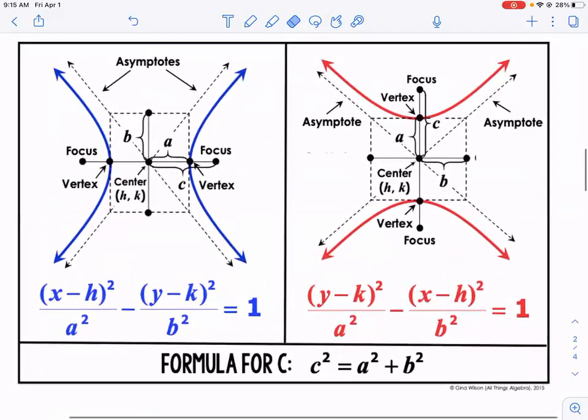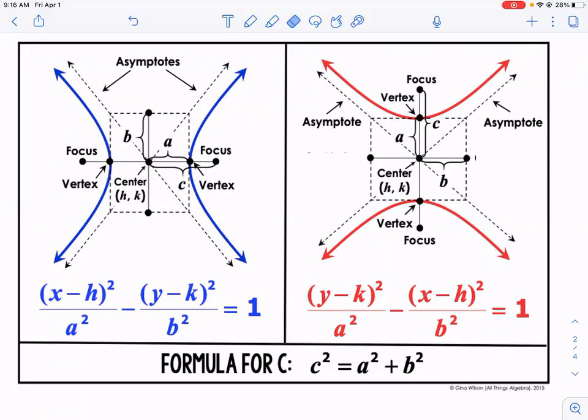take in some observations here, okay? So first I want you to look at the equations. Notice how this looks very similar to ellipses. However, there's a couple of differences. First of all, we have subtraction. Second of all, since there is subtraction, whichever variable is the positive one.